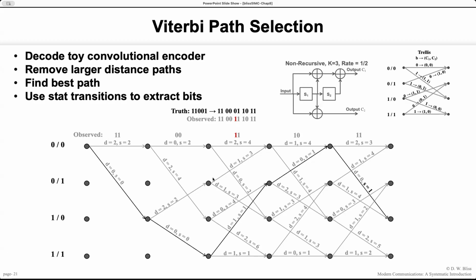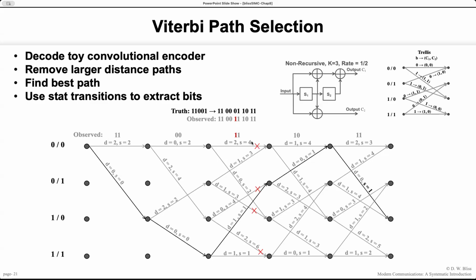All right. So we've now gotten to the point where we have multiple paths into each of the nodes. What we observed, in this particular case, and hopefully for any code that's strong enough, is that the sum Hamming distance of one of the entries into a node is larger than the sum Hamming distance of the other entry into the node.